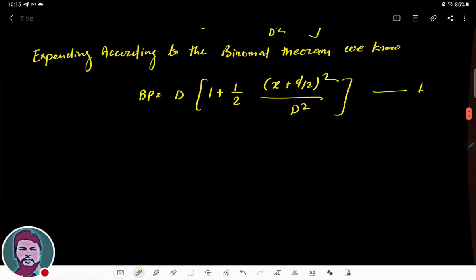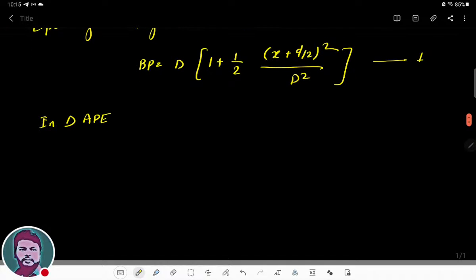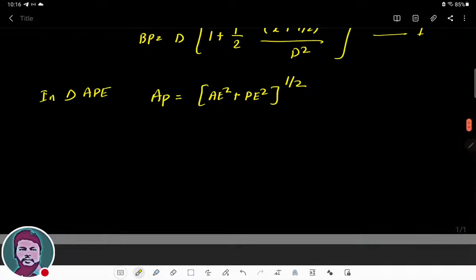Now again we have to calculate the value of AP, so we take the triangle APE. AP is equal to AE square plus PE square, all to the power 1 by 2.